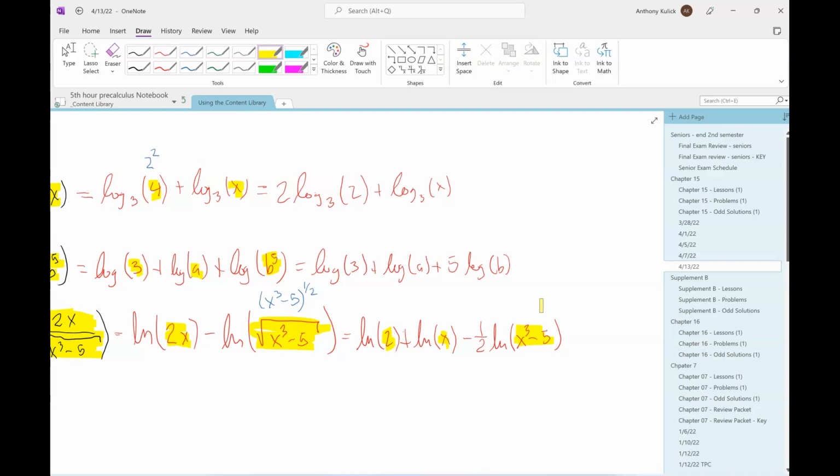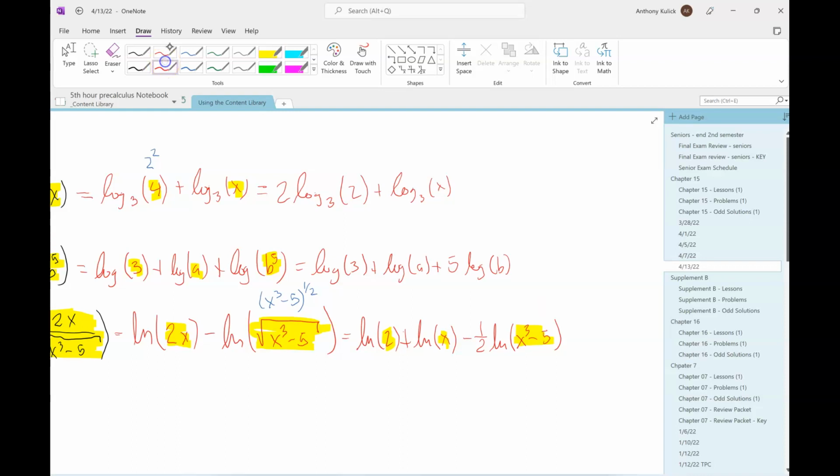What do you think we can do with that? You guys said yes. You can't move the 5 out, and you can't move the 3 out.